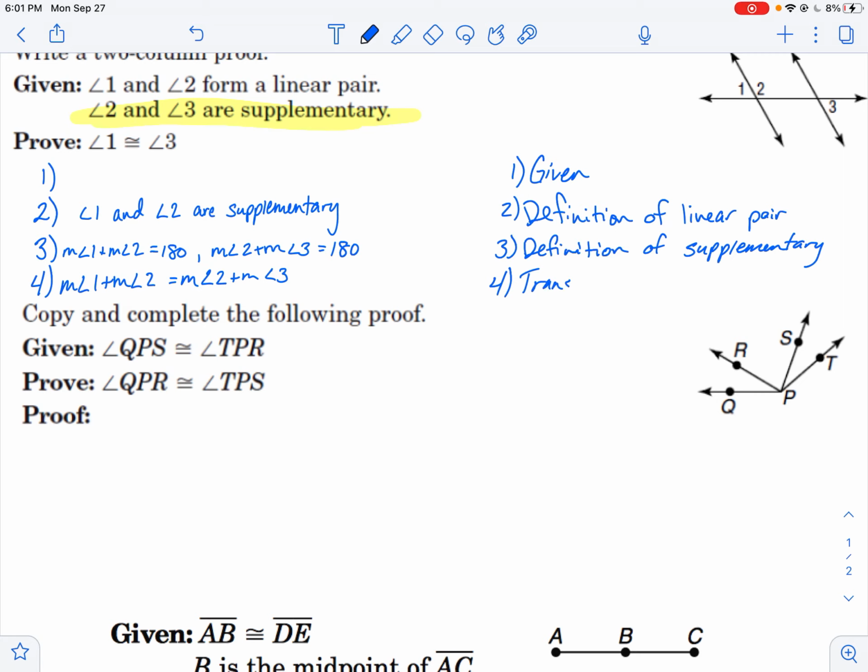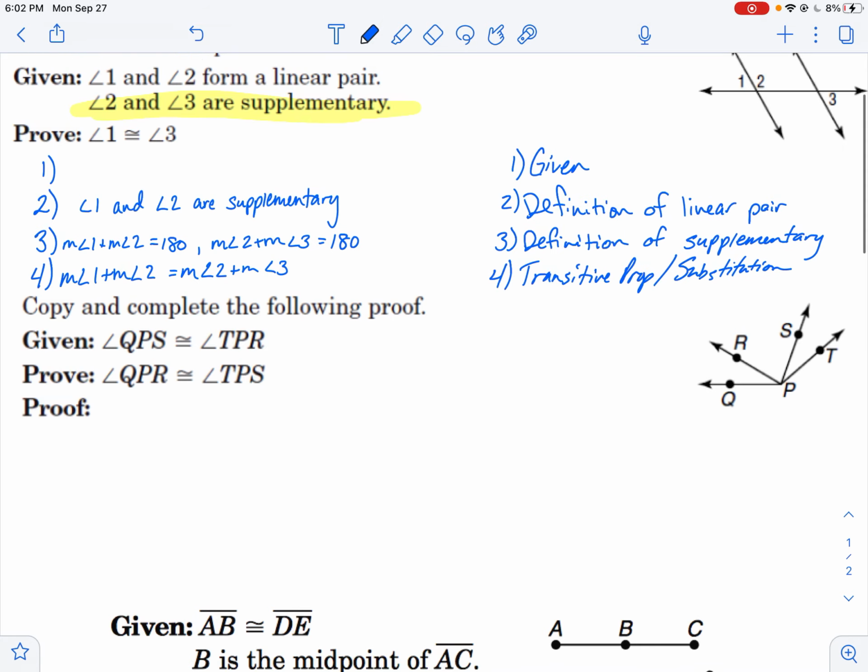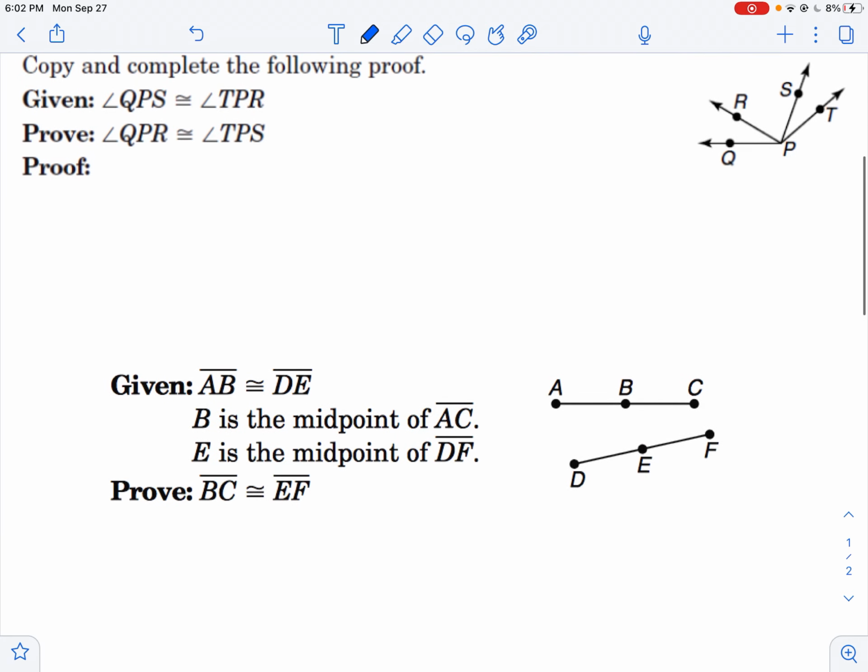You could say that you substituted in one thing for another. Either way is fine with me. And then your last couple steps, you should be able to see how you finish that proof. You would just subtract, and then of course you've got to prove that they're congruent, so you need the definition of congruence.